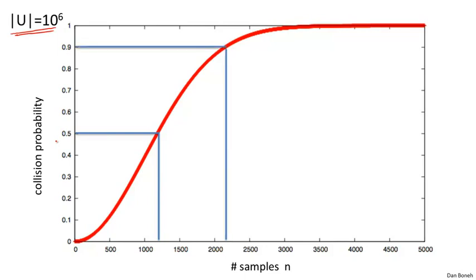You can see that if we sample about 2,200 items, then the probability that two of those items are the same already is 90%. And at 3,000, it's basically 1. So this converges very quickly to 1 as soon as you go beyond the square root of the size of the universe. We're going to come back and study the birthday paradox in more detail later on, but for now I just wanted you to know what it is.